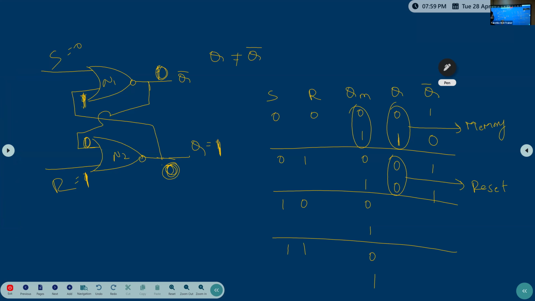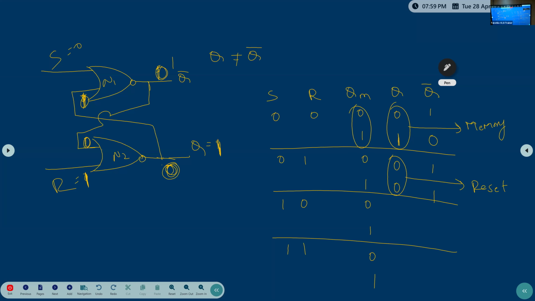So this 0, if you go here, 0 0, this becomes 1. It will not check the memory when R equal to 1. Directly you can know that any one of the input is high, output will be low. Directly Q becomes 0, even if memory is 1 or 0. Clear? That is what happened.